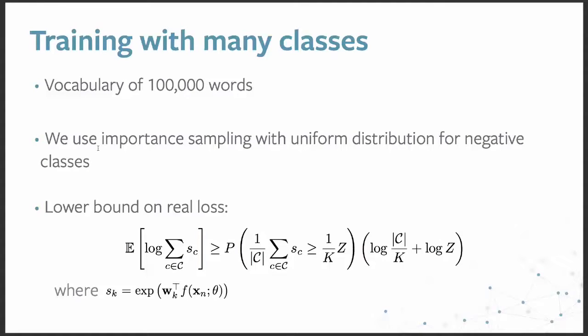So one trick is that when you work on this type of data, you have a lot of classes. So we went up to 100,000 words in this work. But now we are more at around 1 million. And when you do that, you cannot just run a full softmax directly.